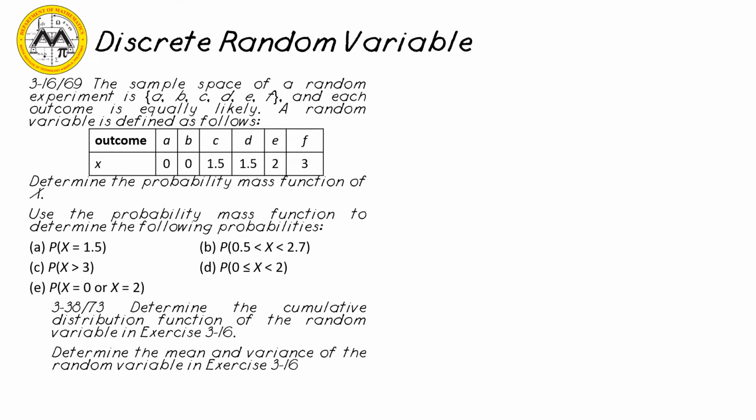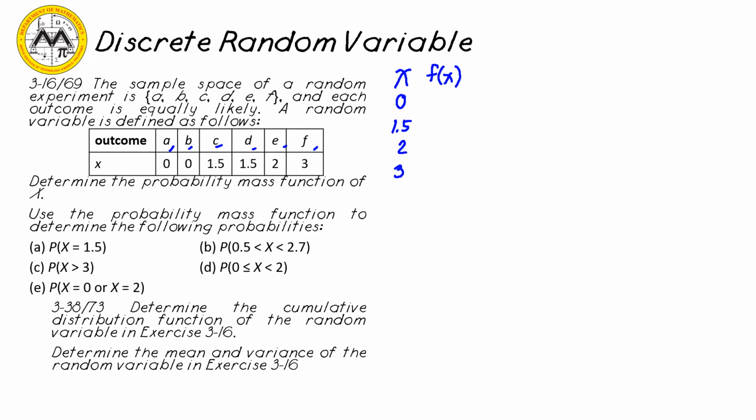Now take note that the value for A is 0, for B is also 0, C is 1.5, D is 1.5, E is 2, and F is 3. But take note that the random variable X takes only the possible values 0, 1.5, 2, and 3. So its corresponding PMF, or probability mass function f of x, is equal to, so there are 1, 2, 3, 4, 5, 6 possible outcomes.